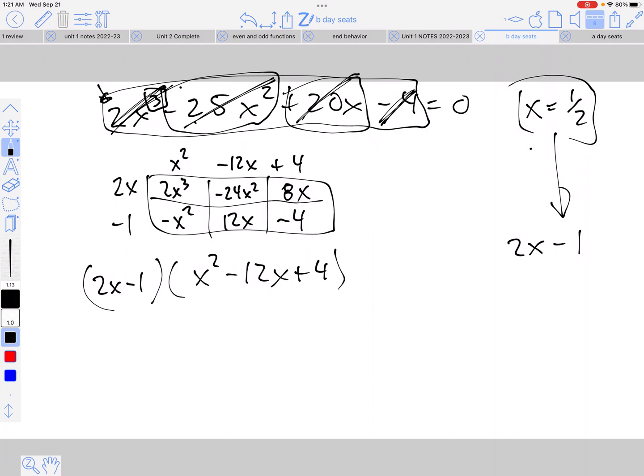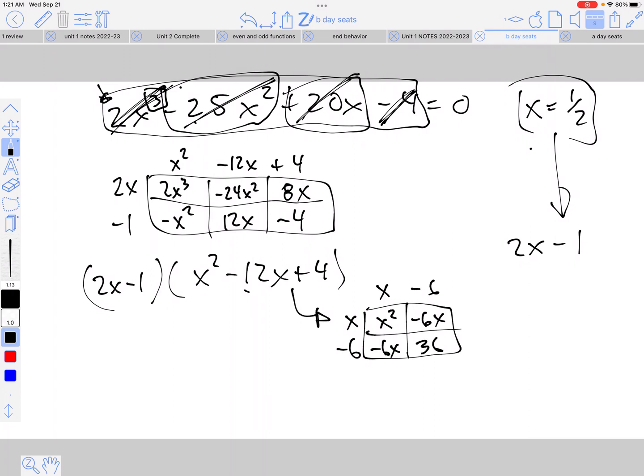All right, so I'm now going to take this and complete the square. I'm going to get x squared minus 6x minus 6x, because I need to half that negative 12. To complete the square, it was x times x, which creates x squared, and negative 6, which means I should have gotten a 36.